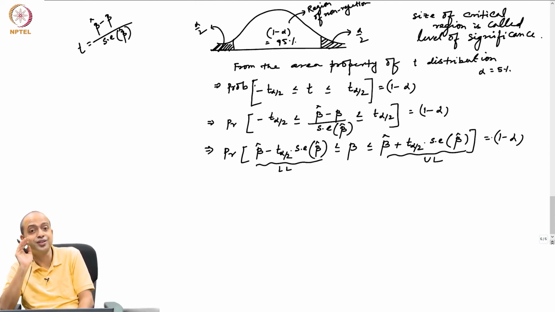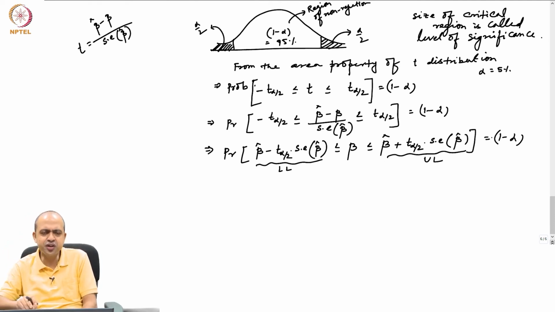Why is this wrong? Because probability can always be attached only to a random variable. First of all, is this interval a random variable? Is this interval random? The answer is no. Look at the interval: it is beta hat minus T alpha by 2 into standard error of beta hat. Once you estimate the model, you know your beta hat, you know T alpha by 2, you know the standard error of beta hat.